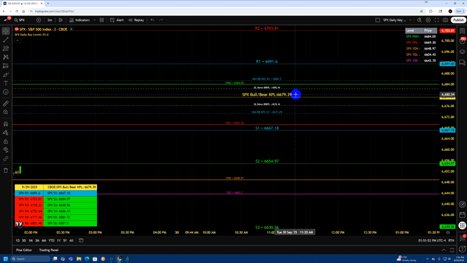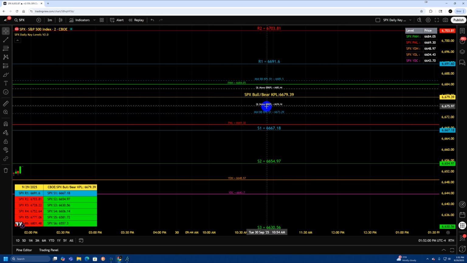As we've discussed in other videos, when you're taking a bullish trade off of the bull bear key price level, your tight stop loss is the QL below the BBKPL on that bullish trade triggered from the BBKPL level, and your standard stop loss is the first midpoint below, which would be mid BBKPL S1 for a bullish trade taken off of the BBKPL level.